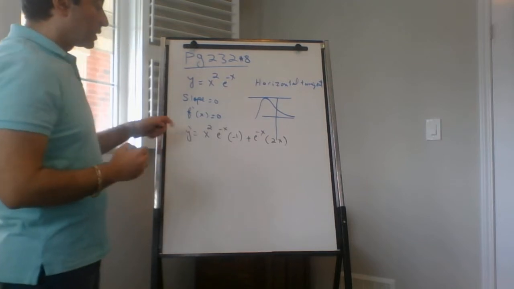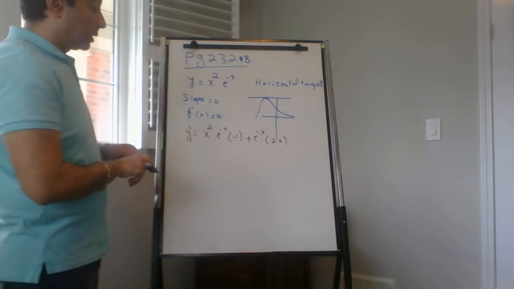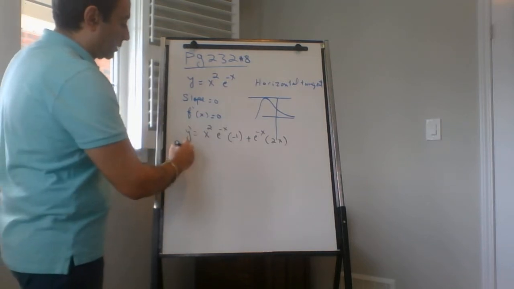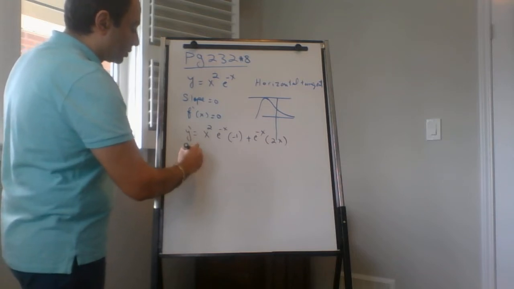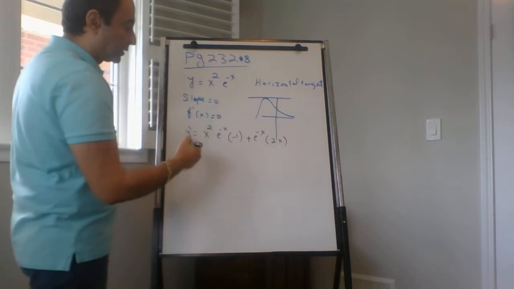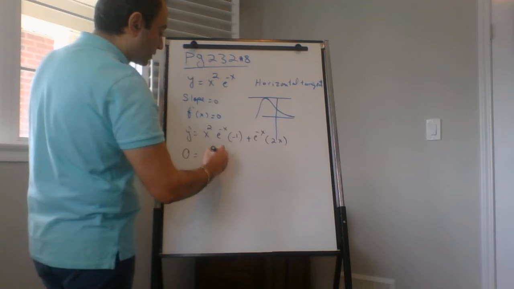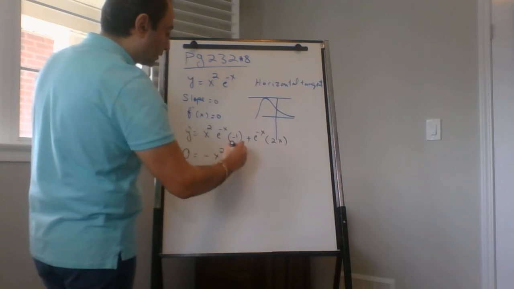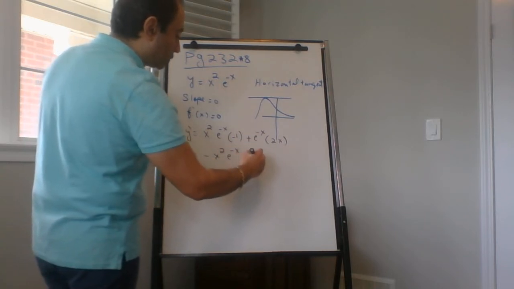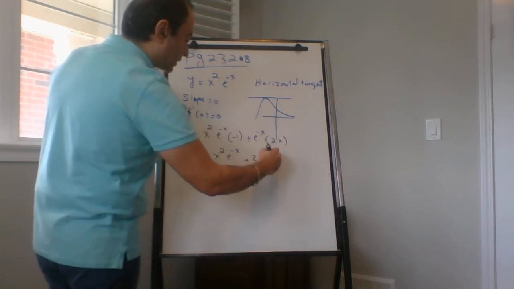We need to solve this equation for 0, so I will write this in a better way: negative x squared e to the power of negative x plus 2x e to the power of negative x.